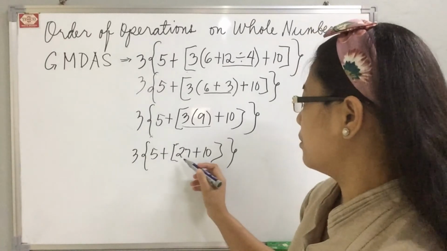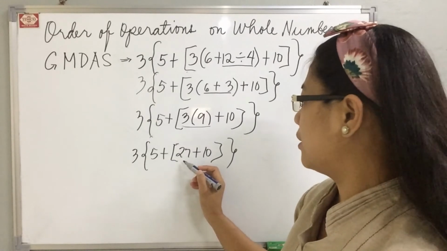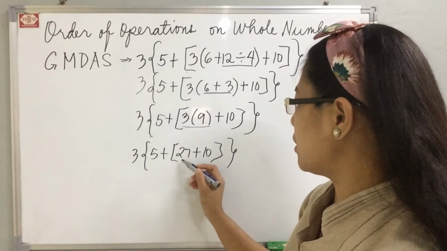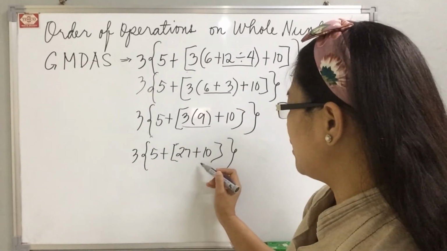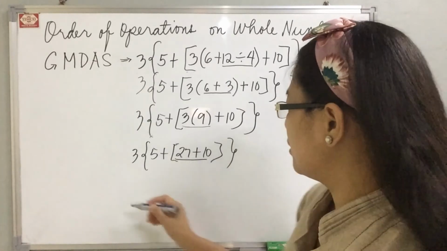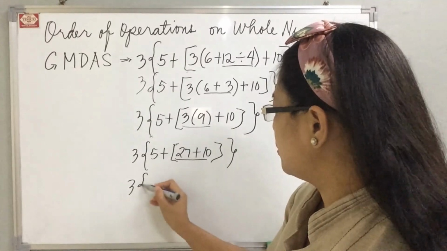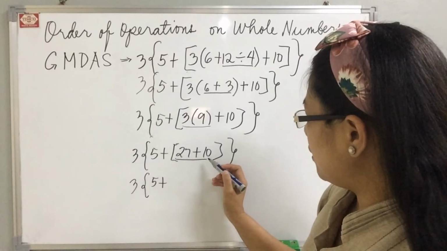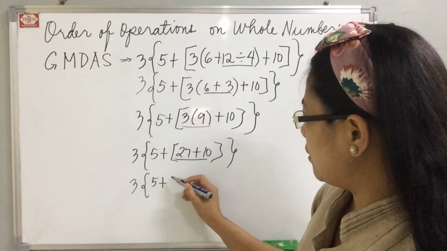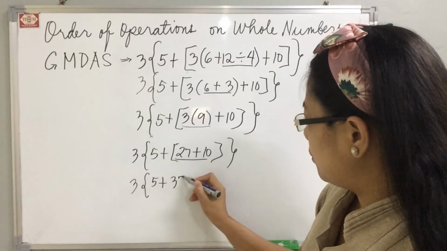Now let's have the next innermost, which is the bracket. So 27 plus 10 is 37.